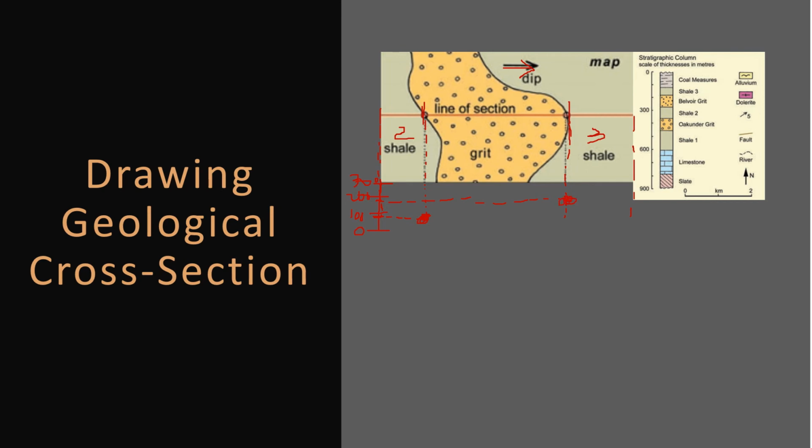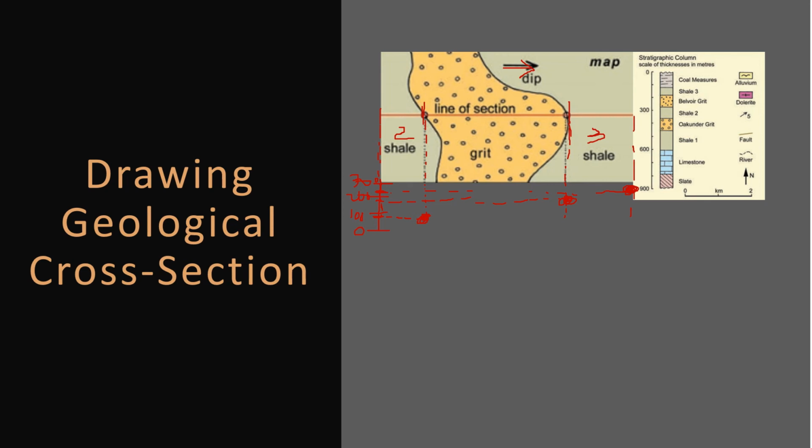The third one would be shale 3, which I estimate to have a thickness of 50. So let's say this is 50. If I project that, this is the height of shale 3 with respect to the other rocks.